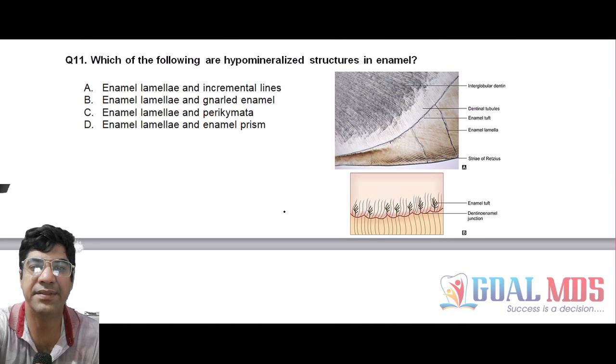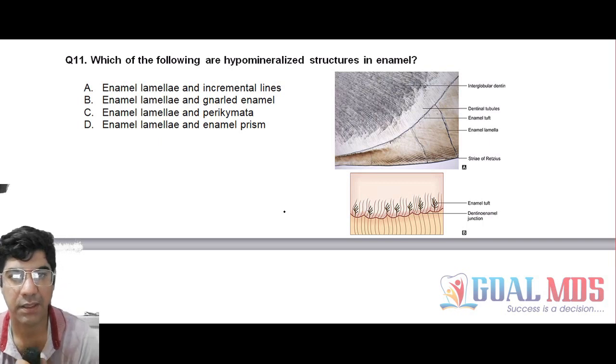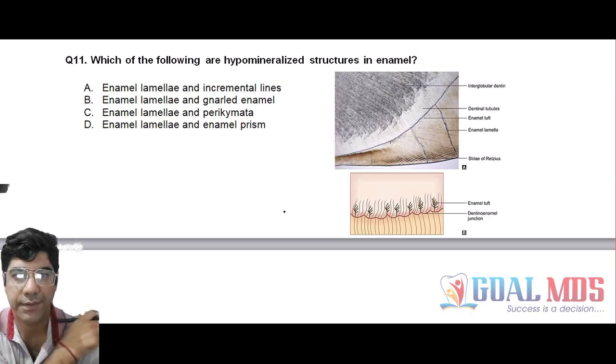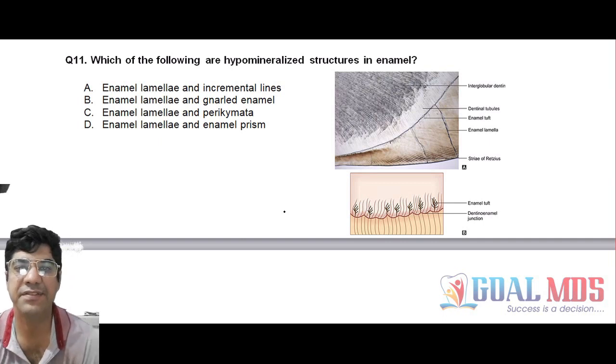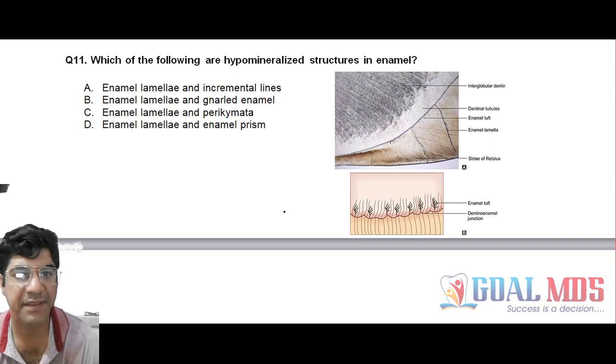Which of the following is a hypomineralized structure in the enamel? Hypomineralized means there is lower mineral content in the enamel, making it less dense and more prone to structural issues.